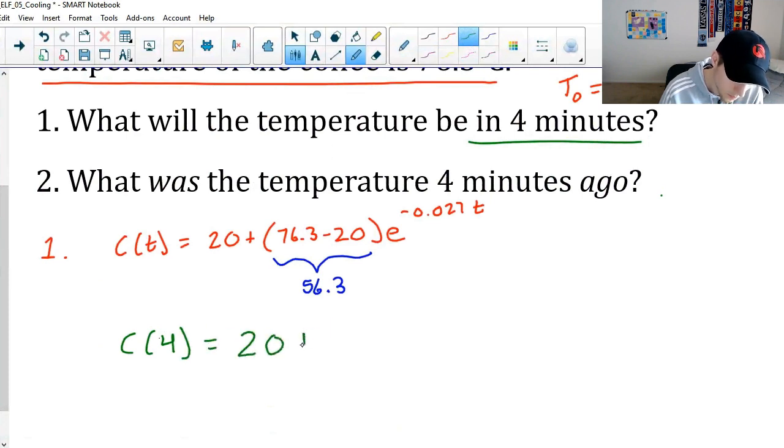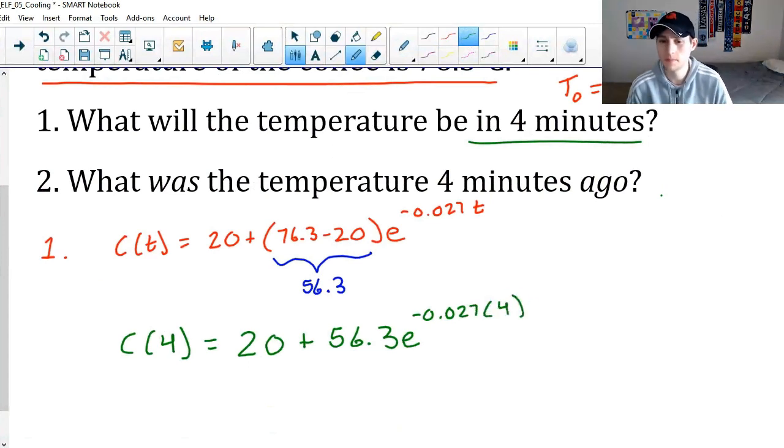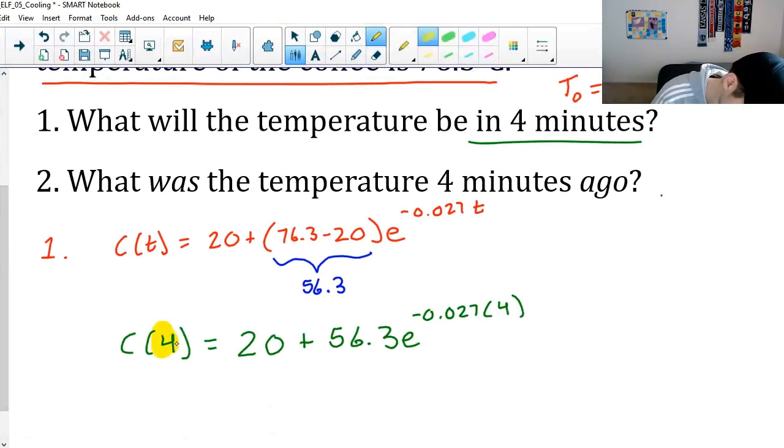So 20 plus 56.3 e to the negative 0.027 times 4. All that happened was we plugged in 4.